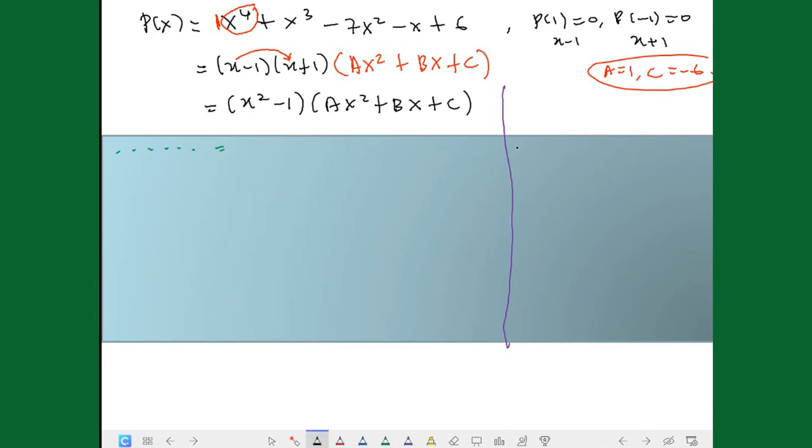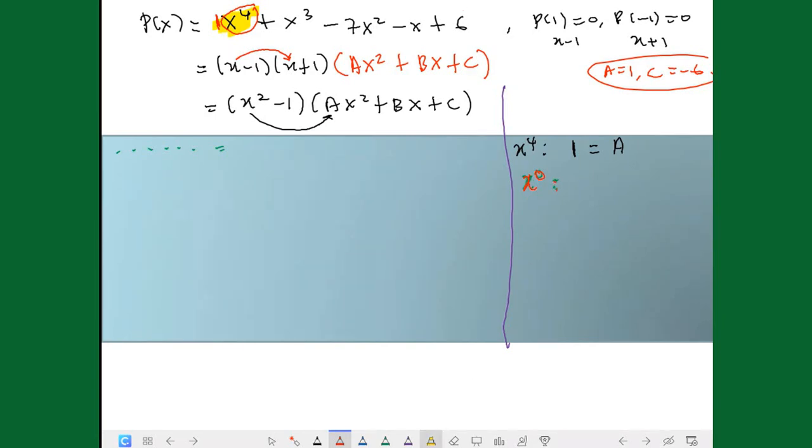Saya katakan let's say saya nak tengok x^4. Yang ini P(x) nya coefficient dia 1. Yang sebelah sini x^4 ni a, a x^4. Therefore, a is equal to 1. The next step, saya nak tengok constant, x^0. X^0 is constant.